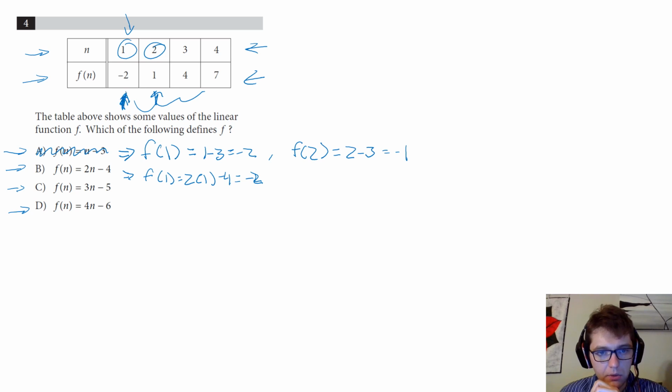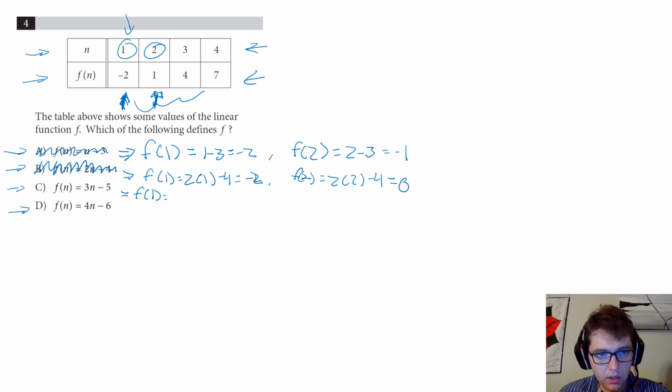Okay, and that is negative 2, so that one checks out. Now f of 2 is equal to 2 times 2 minus 4. So 2 times 2 is 4, minus 4 would be 0. It's supposed to be 1. B does not work.